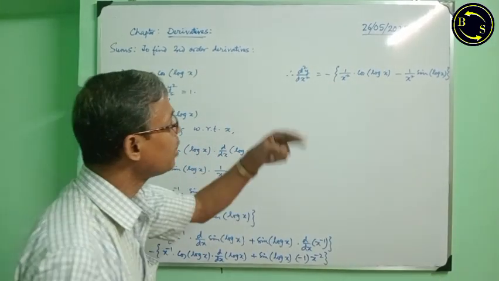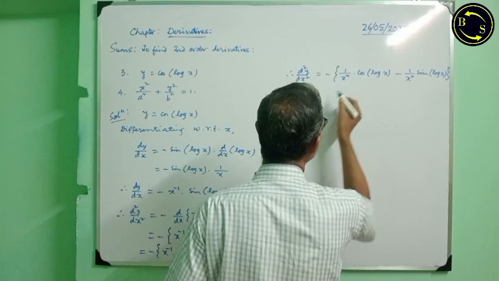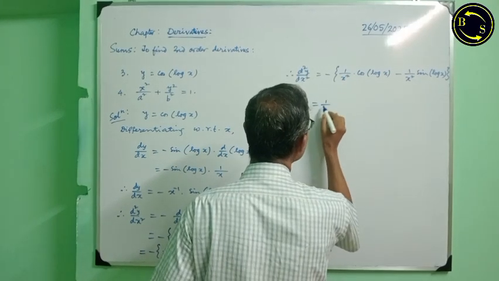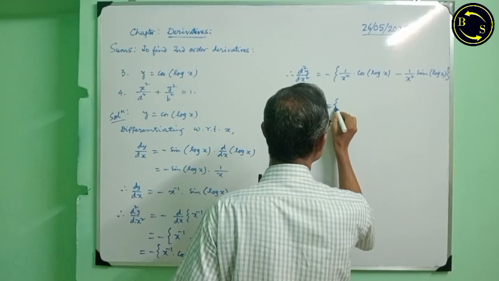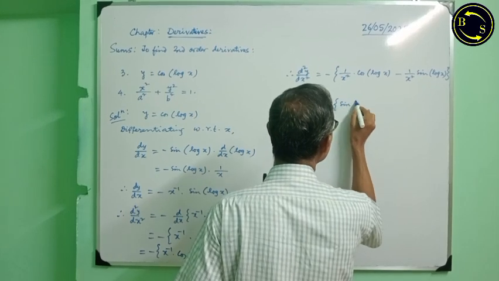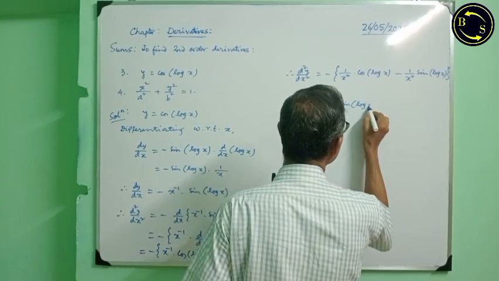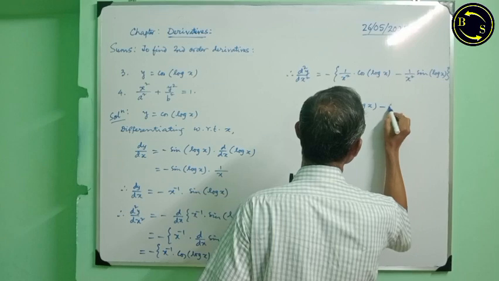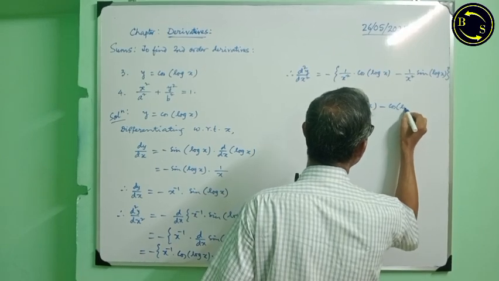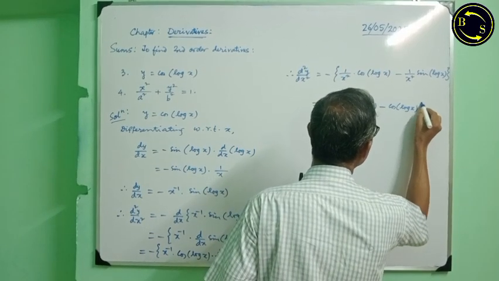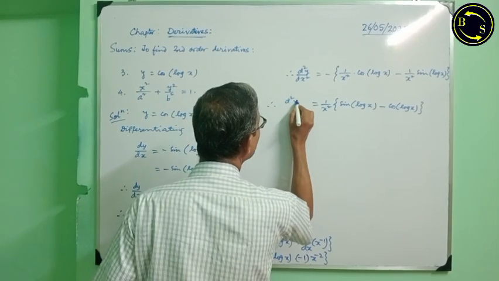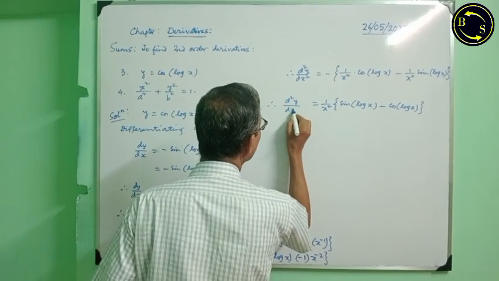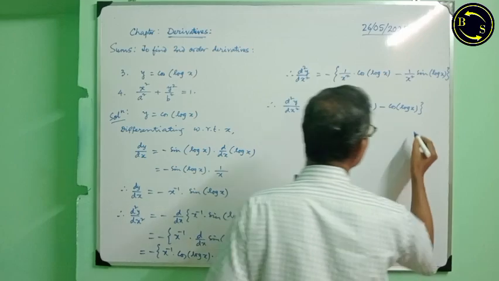Now multiplying that minus symbol and taking 1/x square outside, we get sin log x minus cos log x. That is the answer.